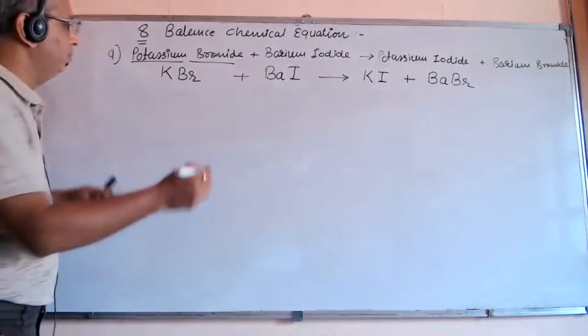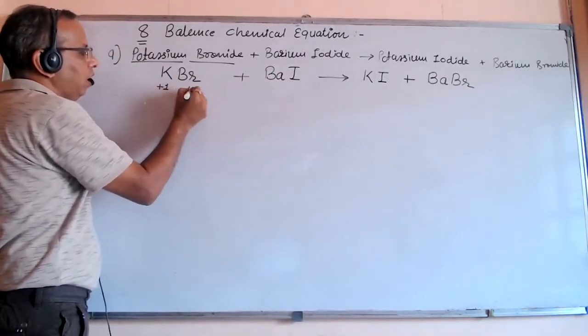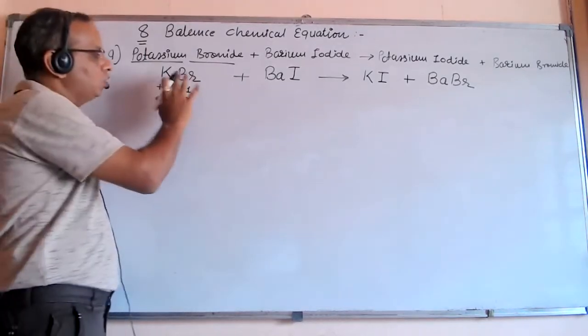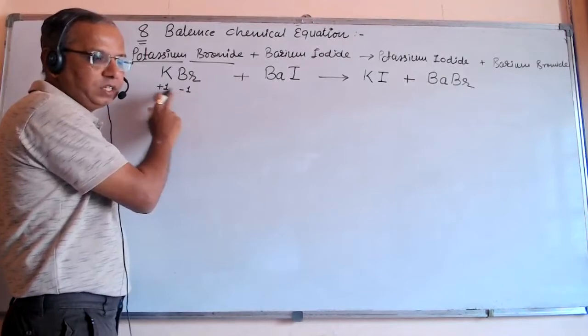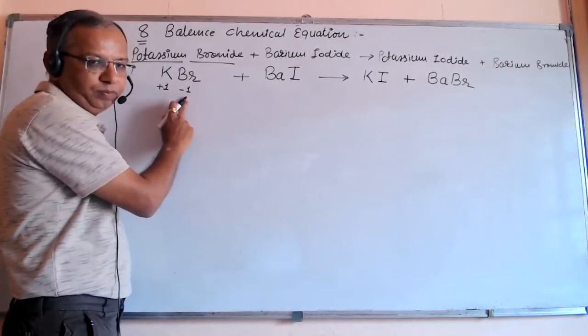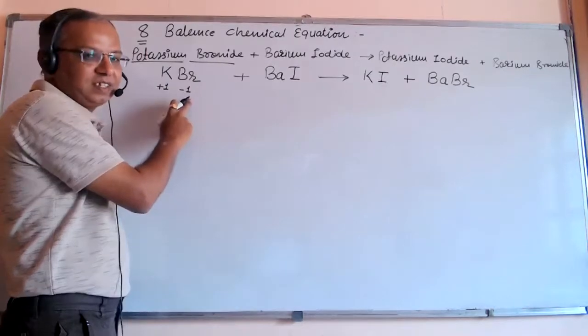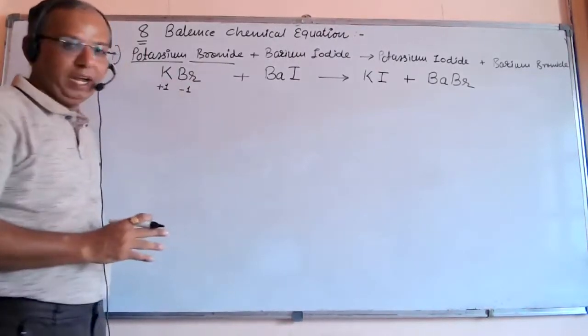In next step, valency of potassium is, friends, +1 and valency of bromine is -1. So this is already balanced because the sum of their valencies is 0, or they have similar opposite valencies, +1 -1 = 0. So no need to multiply anything.